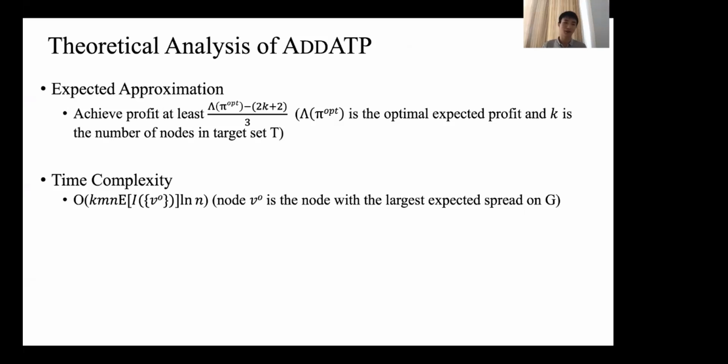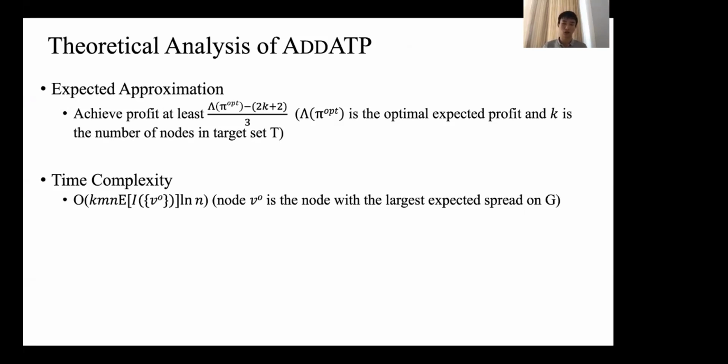However, this method has some problems. For example, imagine that if a node has a large influence spread, then the additive error is relatively small compared with the expectation. So we need to take a long computational time, which is not good.